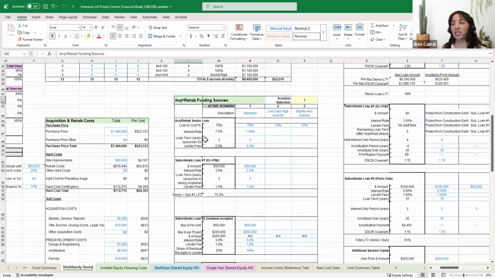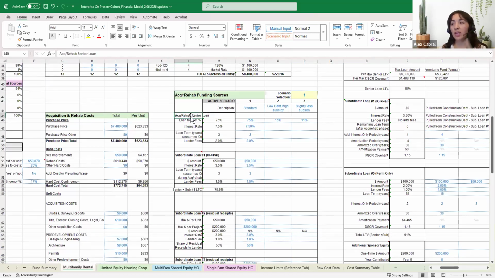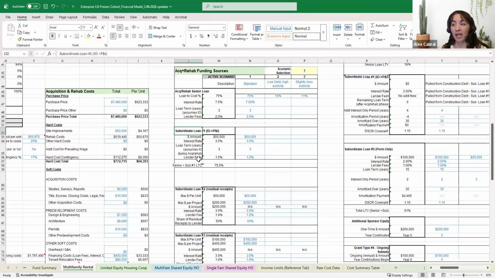We have 6 different funding types. I'll walk through briefly and then we'll go through each one. We have an acquisition rehab senior loan. We have a subordinate loan that can convert from IO to P&I, which means it will be interest only during the acquisition rehab phase. And if the term of the loan is longer than the term of the senior loan, it will actually convert into P&I in the perm phase of this model.